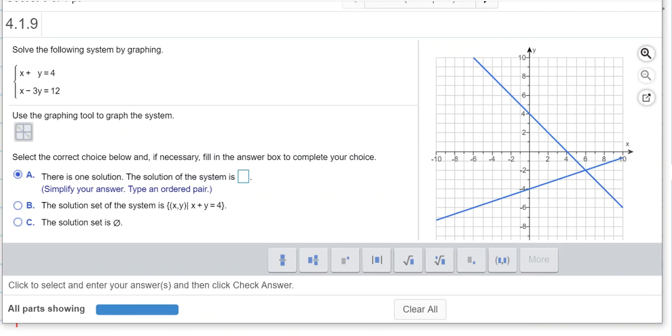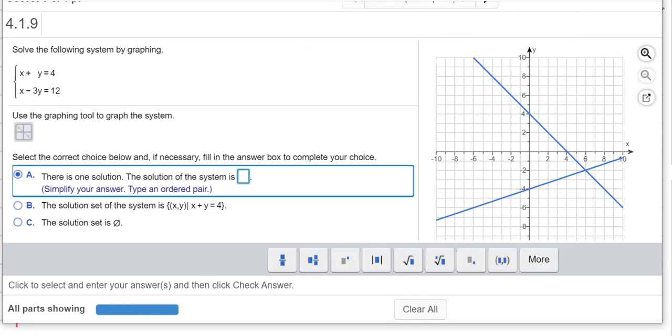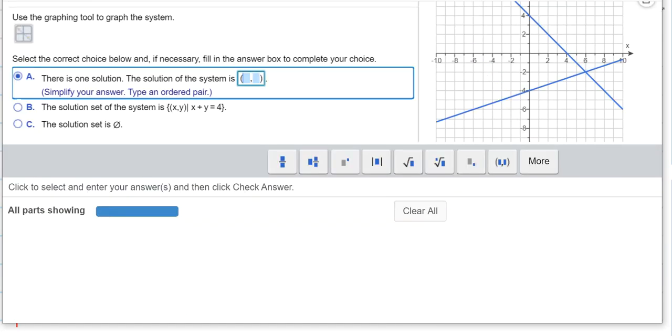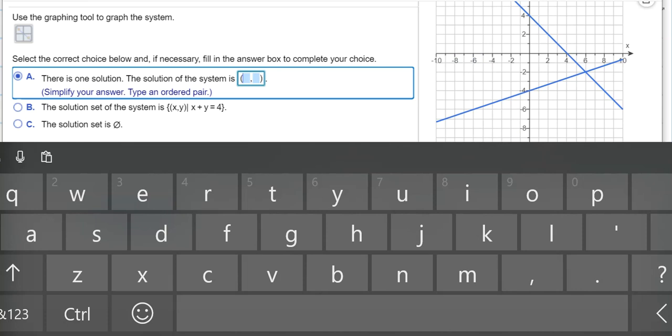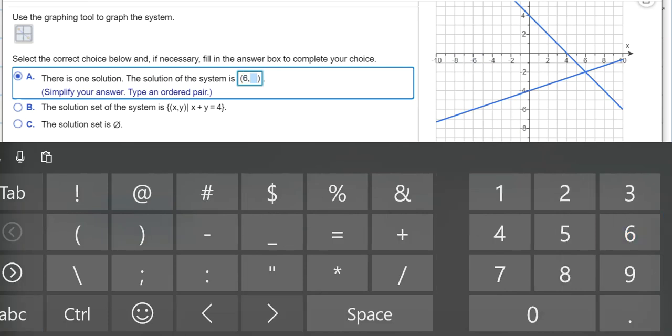So you can use the built-in tools on the MathXL page to produce an ordered pair, a coordinate that you can type the result into, or you can simply use your keyboard and type the results as well. So on my keyboard, I'm going to go ahead and write 6, and I'll jump over a space, -2.